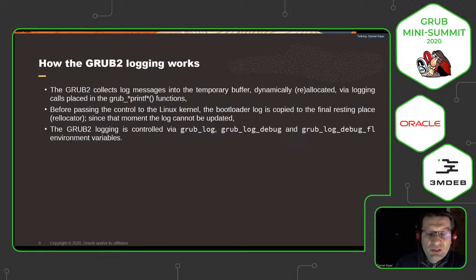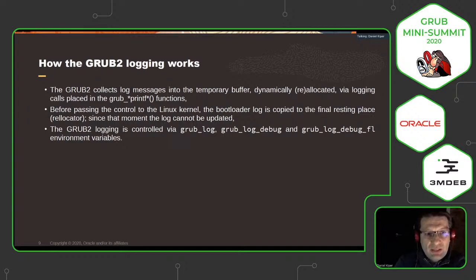If there is no space in the buffer, then the buffer itself is reallocated using internal reallocation functions, which are quite similar to the C functions. And just before jumping to the kernel, in our case the Linux kernel, we move the log buffer from the temporary buffer to the final resting place.